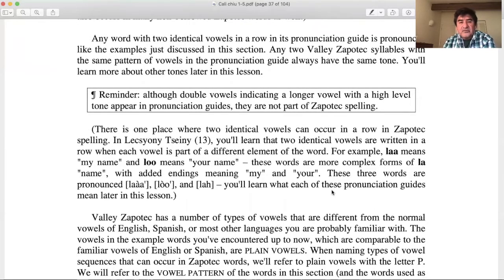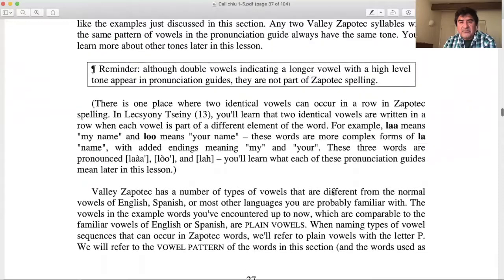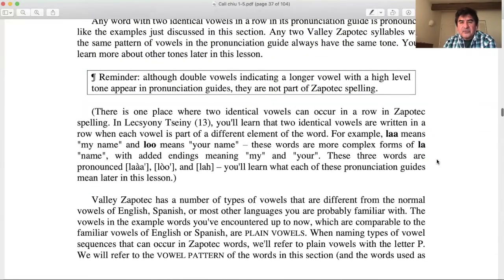For example, if you look at page 27, right here on my cursor, la, which means my name, or lo, your name, but these words are complex forms of la.